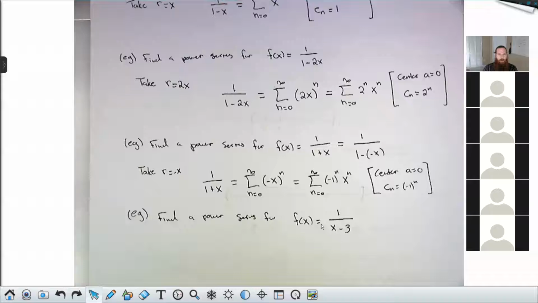This also doesn't look like 1 over 1 minus something. So again, here we need to use some clever algebra to rewrite this as a 1 over 1 minus something.